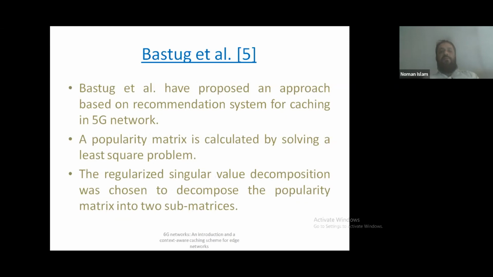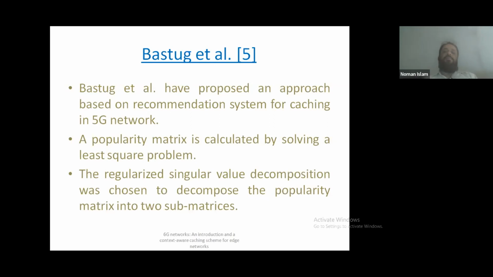So this idea was initially proposed in one of the research papers in which a popularity matrix is calculated by solving a least square problem using the singular value decomposition technique. So this is a very popular technique that is used in recommendation based systems. What we do is that we have a popularity matrix.